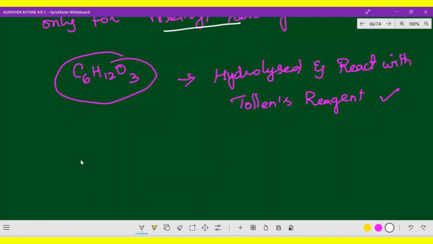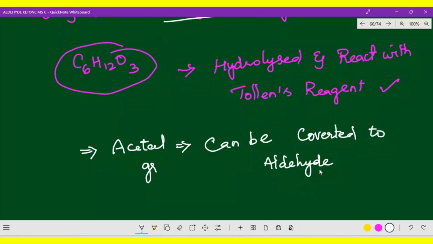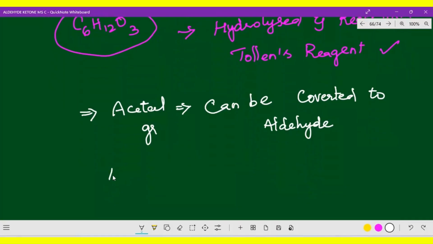So I just mentioned here acetal. You know the acetal group, right? The acetal group can be converted to aldehyde, but hemiacetal cannot. You know acetal and hemiacetal very well, right?